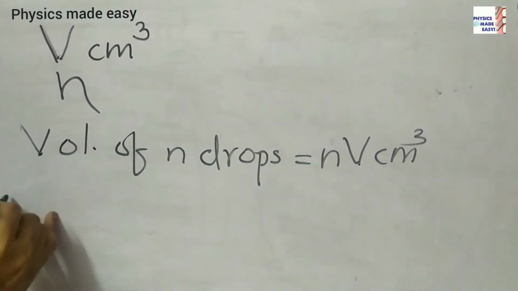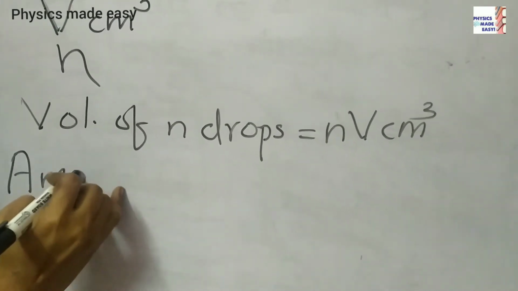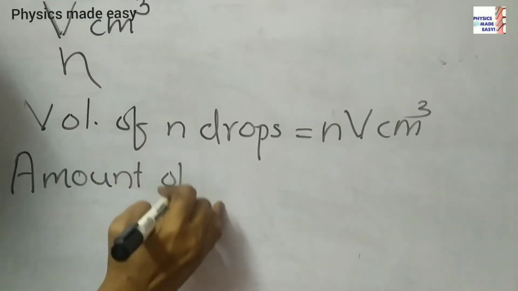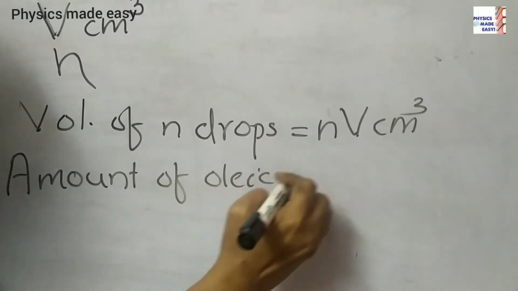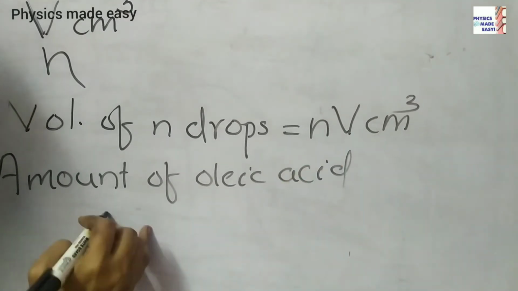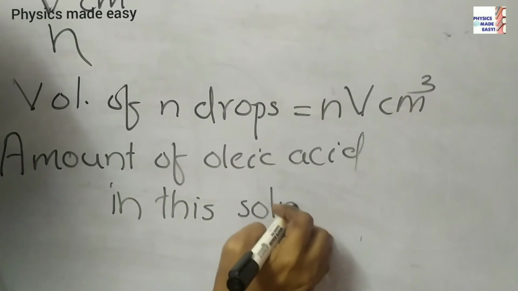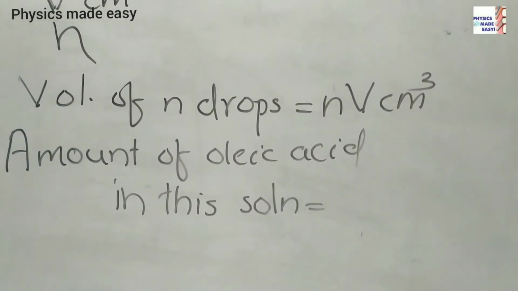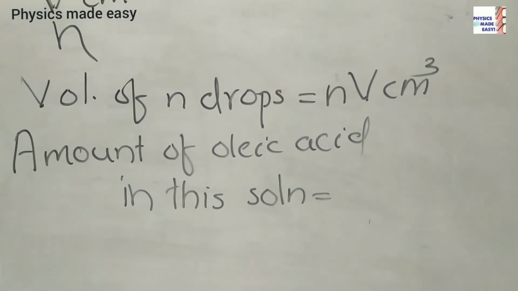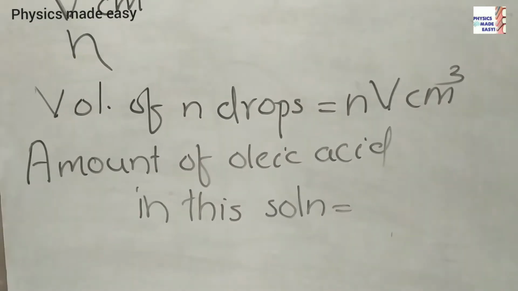Now the amount of oleic acid in this solution. In that solution the concentration of oleic acid is 1/400 cm³.